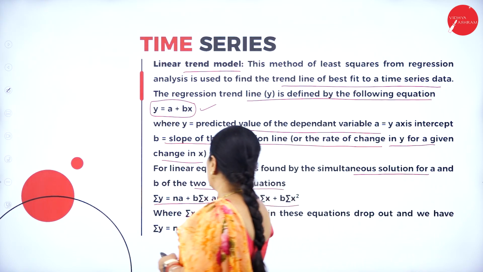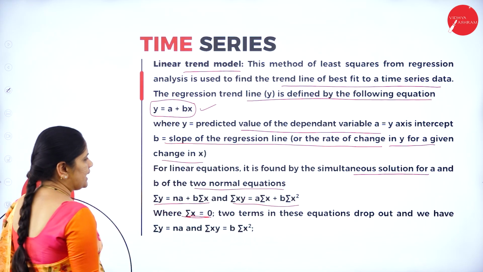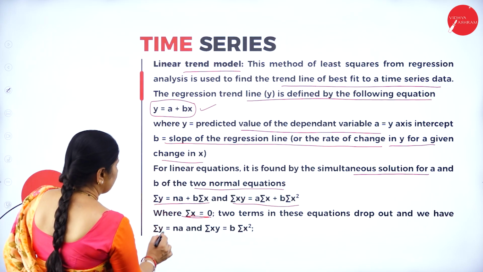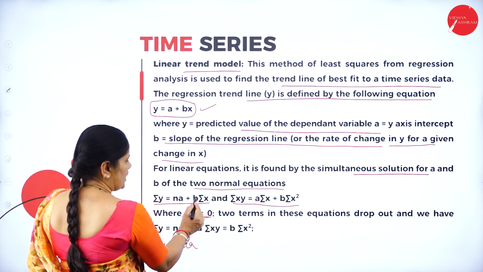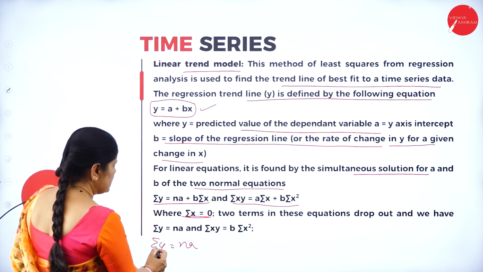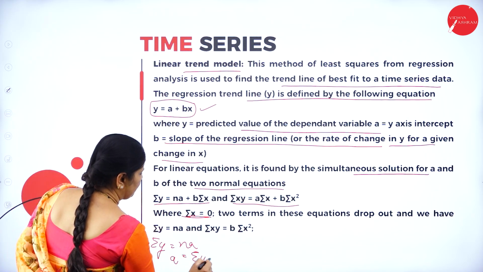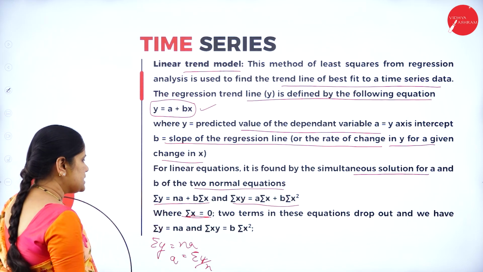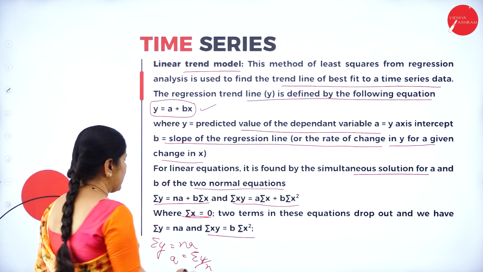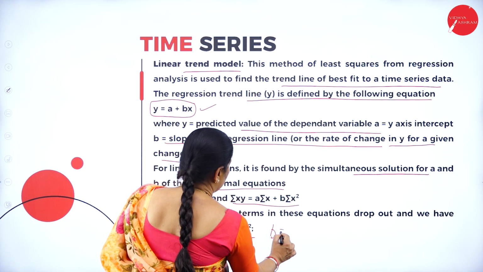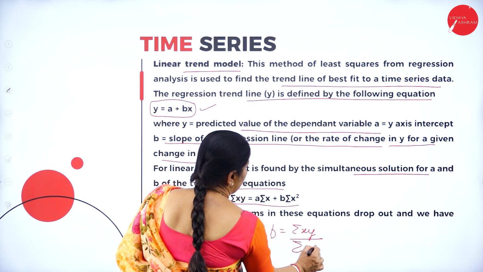When sigma x becomes 0, we don't get this term here. We have only sigma y equals na, because b into 0 is 0. So sigma y equals na, and a will be equal to sigma y by n. Now in this equation, sigma xy equals b into sigma x square. So b will be equal to sigma xy divided by sigma x square.